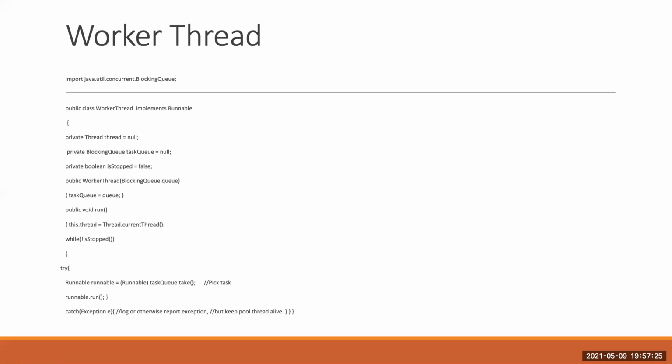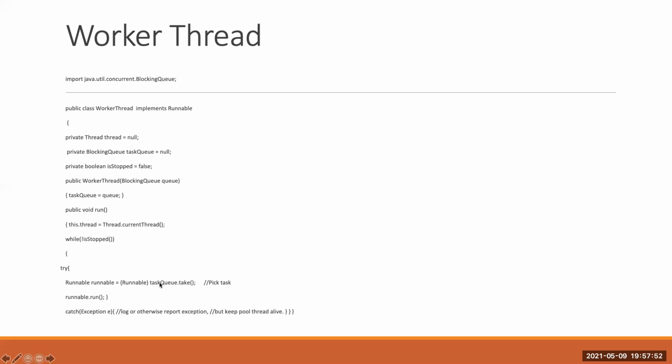So whenever you submit a task, it should be an implementation of runnable, and you need to override the run method and give your logic in the run method, whatever task you want to execute. Here we are directly calling the run method.